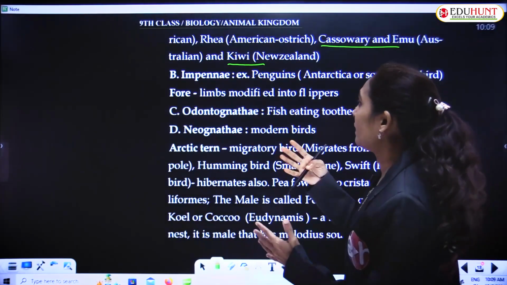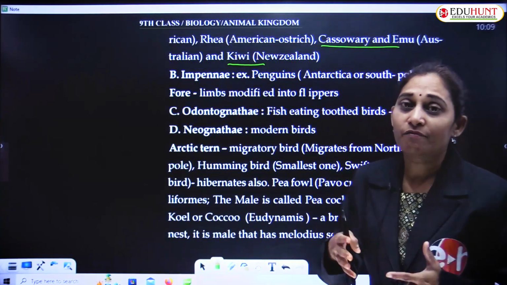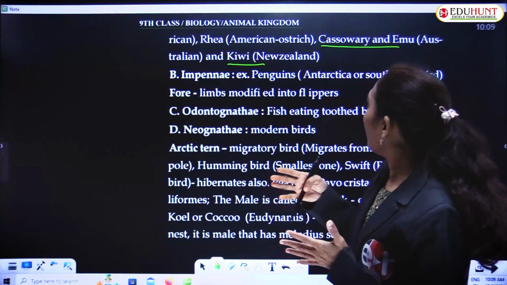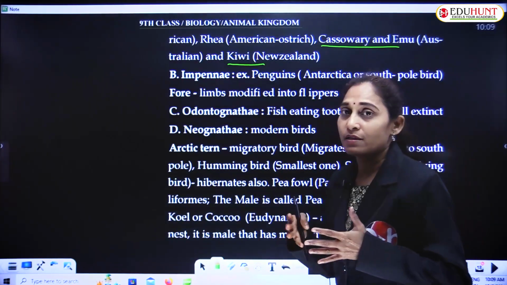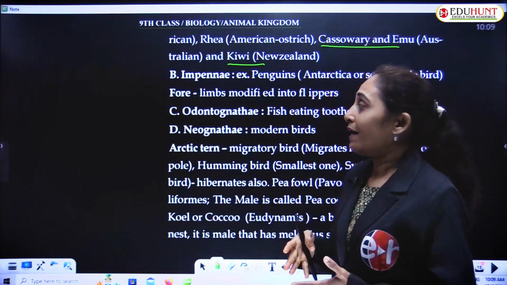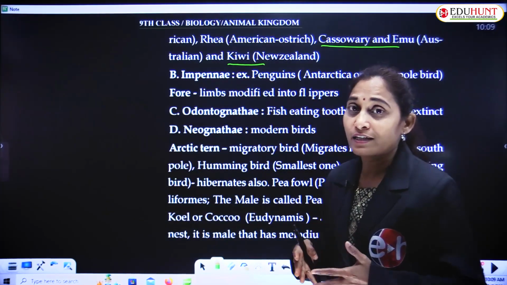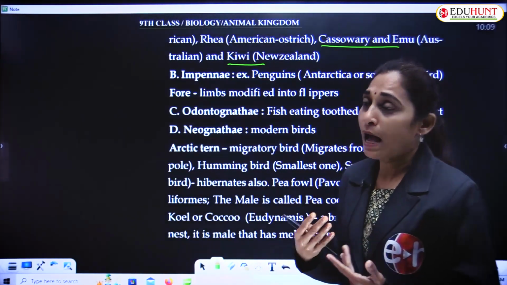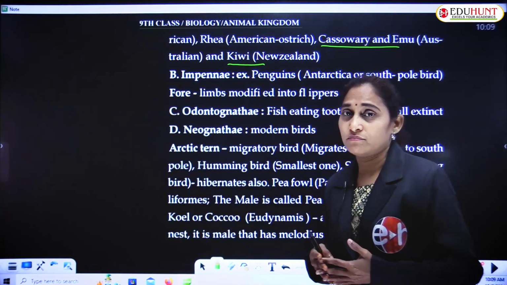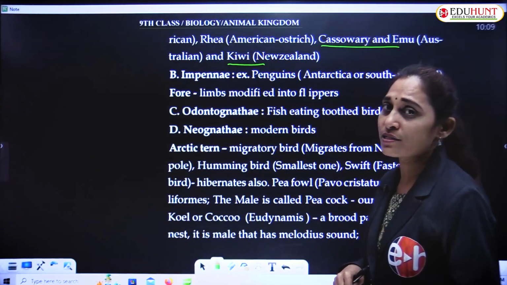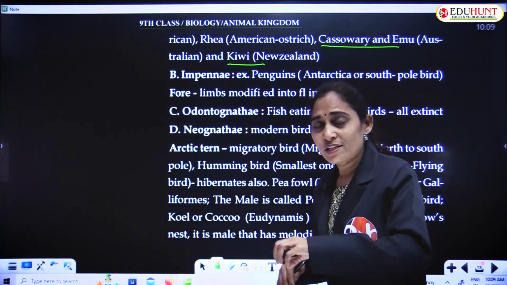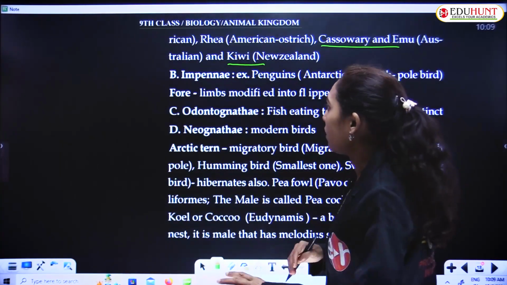For example, kiwi is confined to New Zealand, but Struthio camelus, the African ostrich, is found in Africa, Rhea americana, another ostrich, is found in America, and cassowary and emus are found in Australia. Their distribution is discontinuous and they are endemic to those continents or regions.